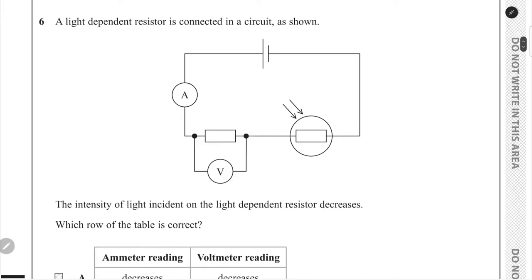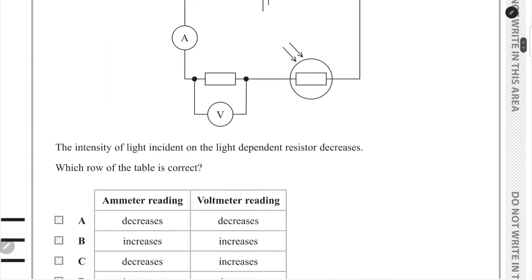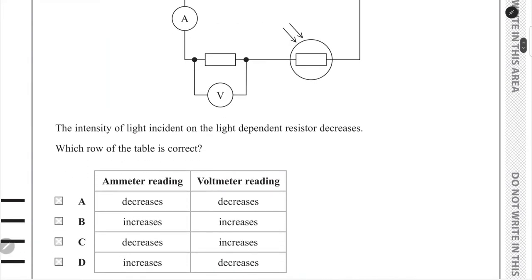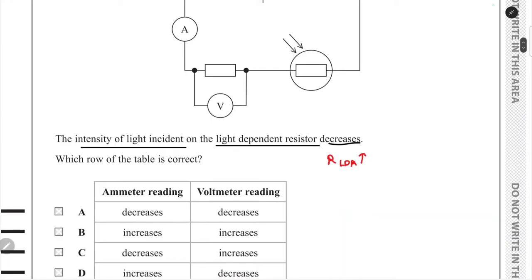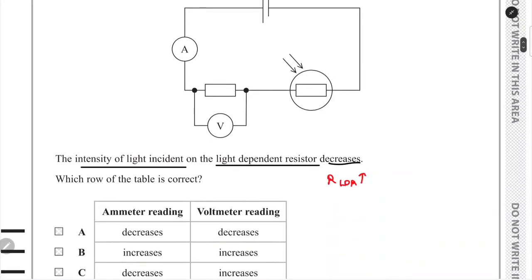Now into question 6, we are given an LDR and we are told that the intensity of light incident on the light dependent resistor decreases. If the intensity of light decreases, the resistance of LDR increases. This is the LDR over here.